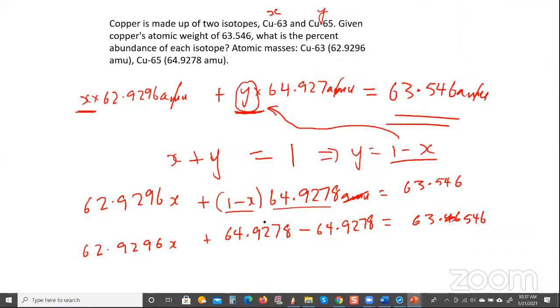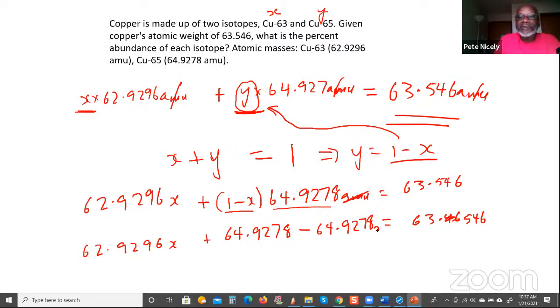Doesn't there need to be an x next to the second 64? You're right. X should be right here. Thank you. And then, to make things easier, I'm going to subtract 64.9278 from both sides.